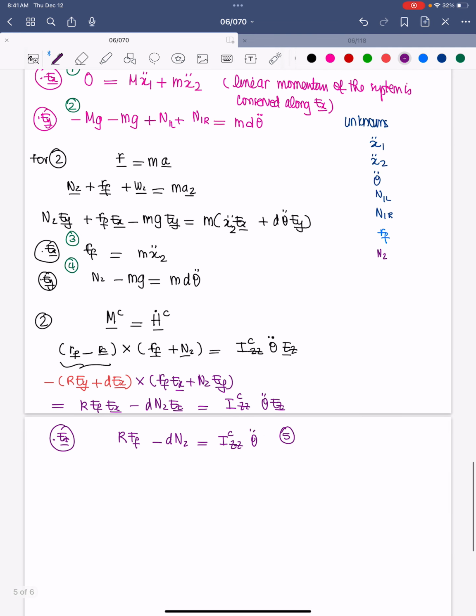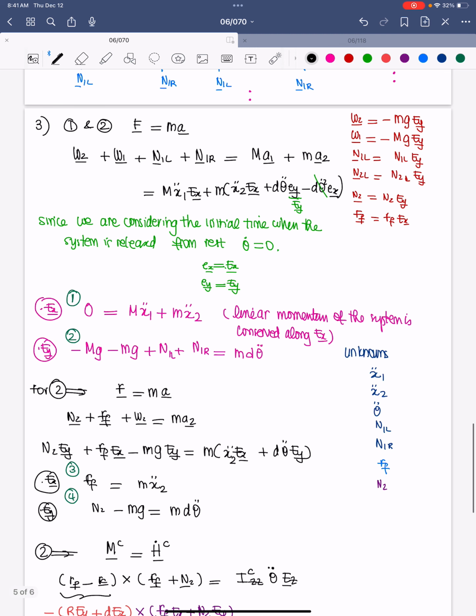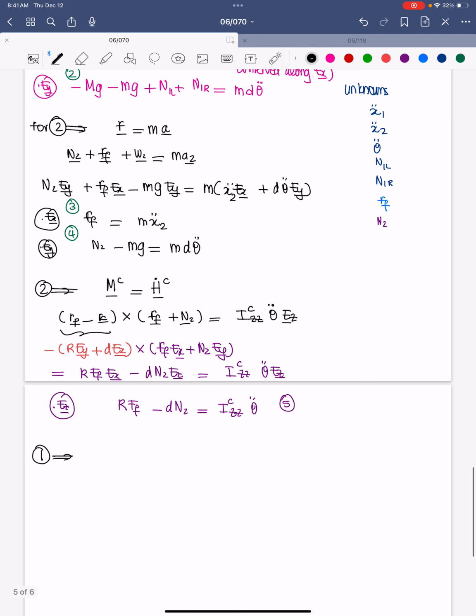Okay, so for 3, we're going to have to do, for system 1. That was for system 2. For system 2, MC is equal to H dot C for the cart.